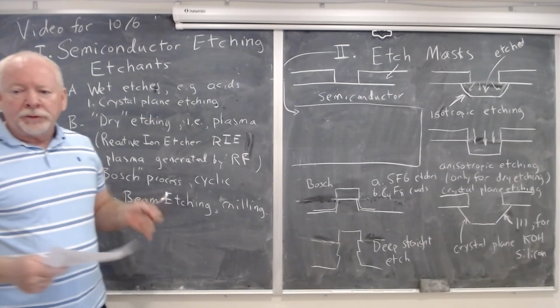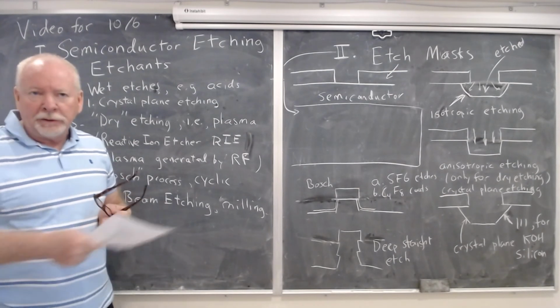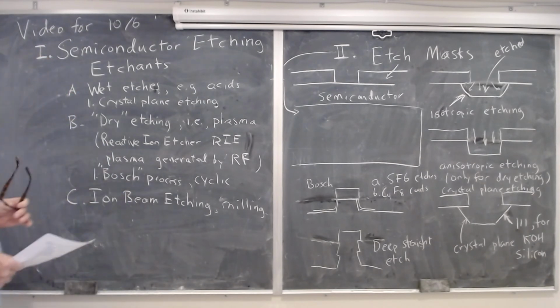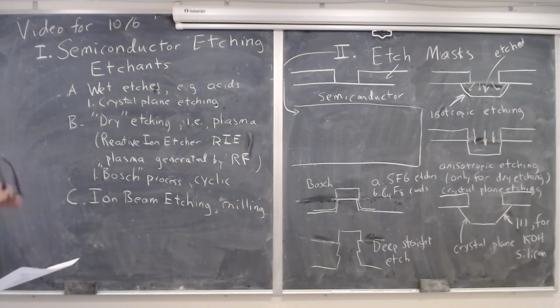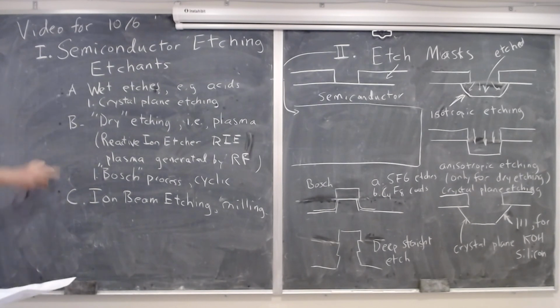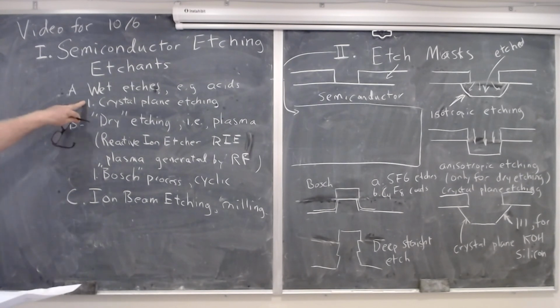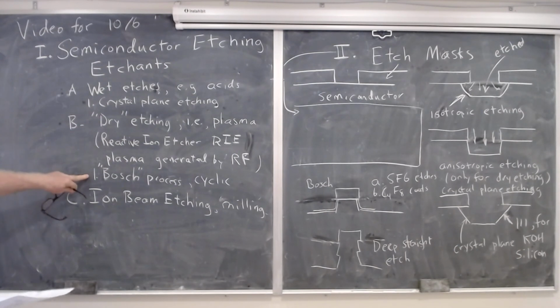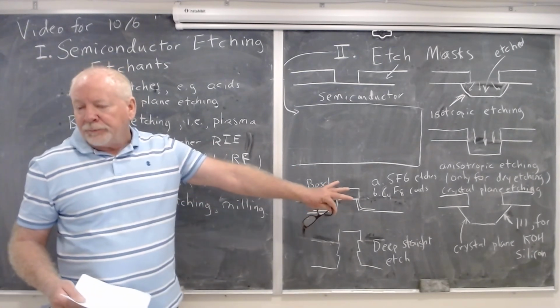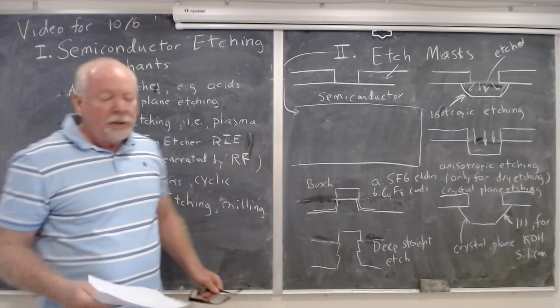You should refer to the listed sections in the textbook to get more detail here. But you can sort of take a picture of this board, the 3 categories: wet, dry, ion beam, the subcategories of wet, crystal plane etching, and Bosch process. And those are the 4 resulting etch profiles you can get.